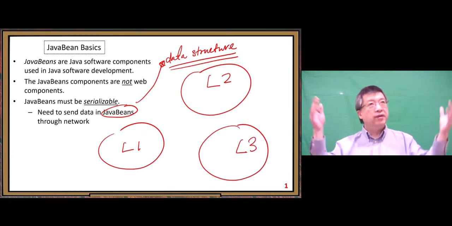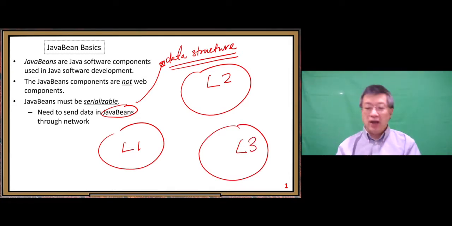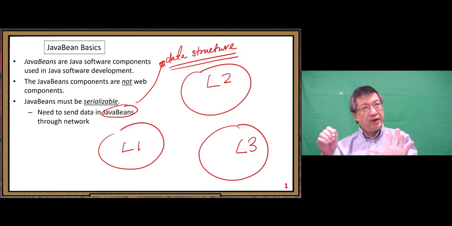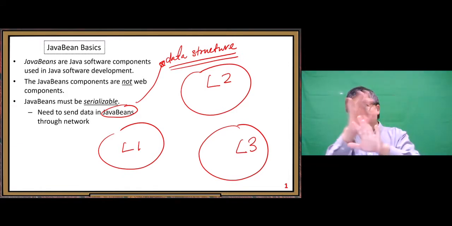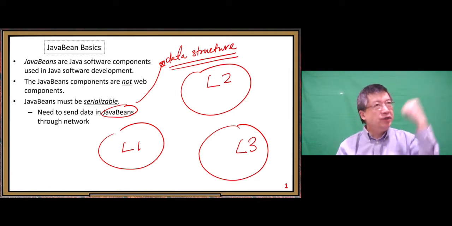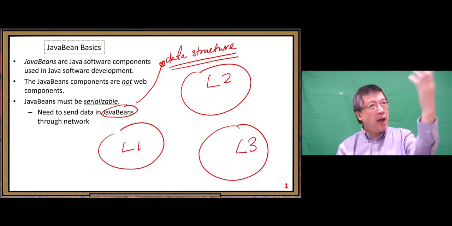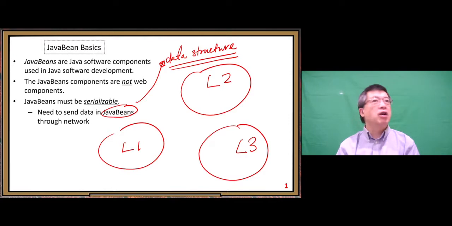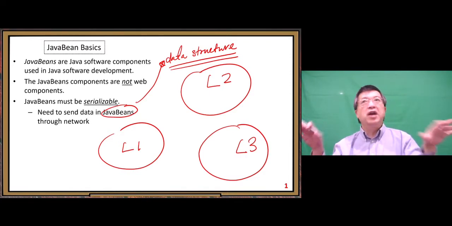Location 3 there. The servers in different locations could be in different machines, right? Windows machine, Linux, Mac, different types of servers used in different locations.